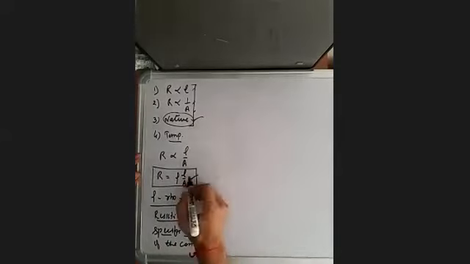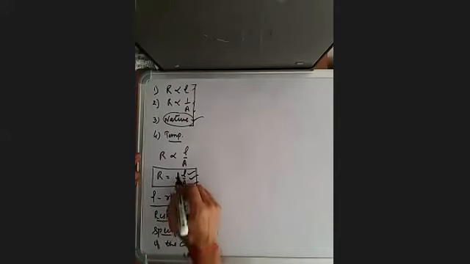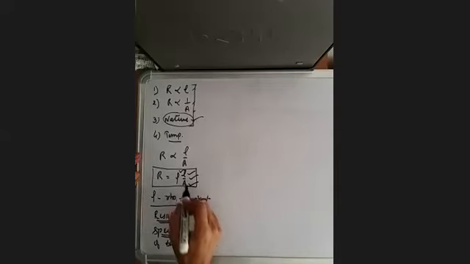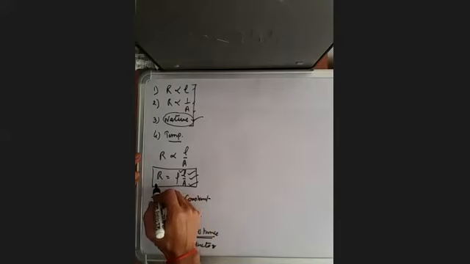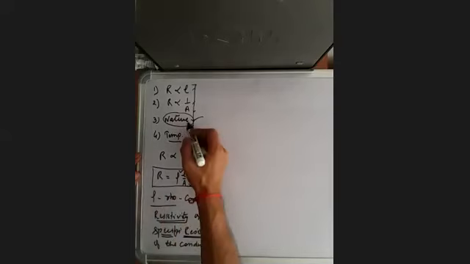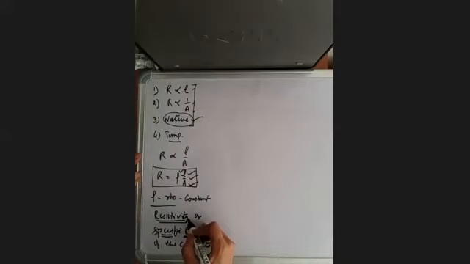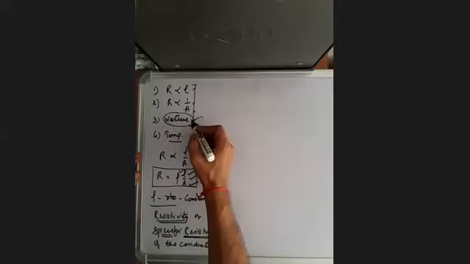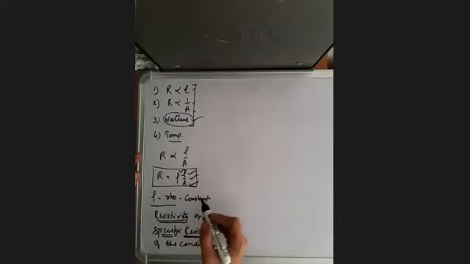So if we know the length of the conductor, we know the area of cross section of the conductor, and we know how the value of resistivity appears in this formula, depending on the nature of the conductor, we can find out the resistance of that conductor, because resistivity depends on nature, and we have found the values of resistivity for conductors of different nature.